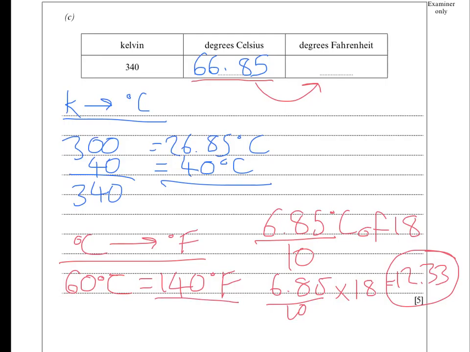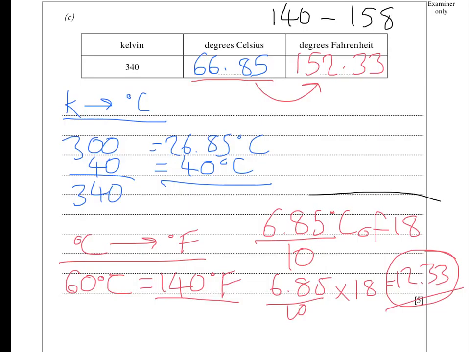So 140 degrees Fahrenheit plus 12.33 gives us 152.33. Now it's worth mentioning here that actually the mark scheme will accept a range of answers. So anything between 140 and 158 the mark scheme will accept.